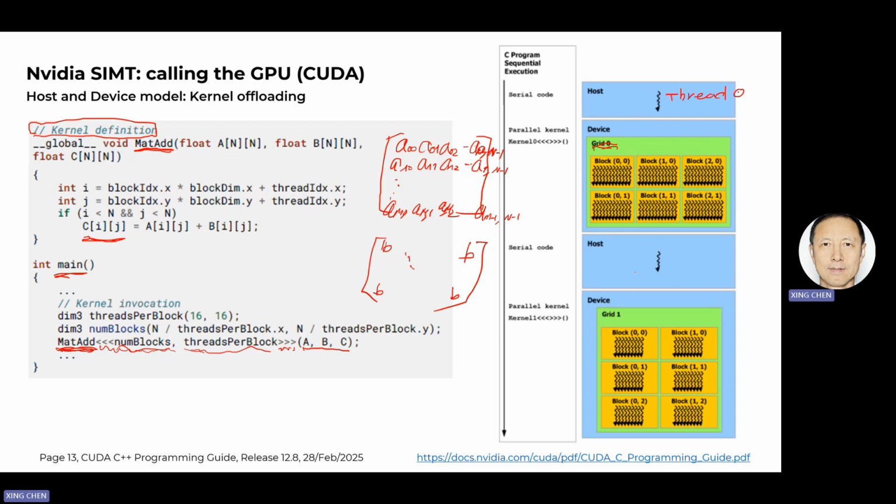If we look at this one, in the x direction you have some number of blocks, and in the y direction you are going to have 2 blocks. And here we are passing the thread organization into this function call.